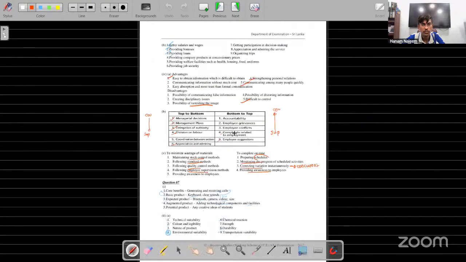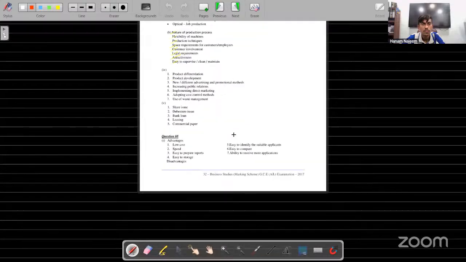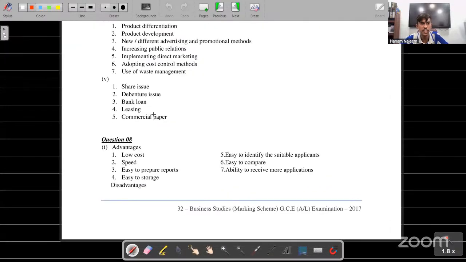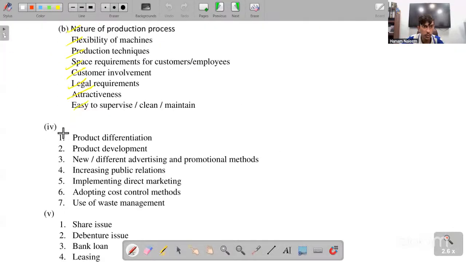Here, product differentiation. Try to sell different types of products. Don't sell only one. Product development, that's adding new features. New advertising. Increasing the PR. Do some CSR activities to get a name among the people. Direct marketing. Don't use any intermediaries. You yourself directly sell to the customers.